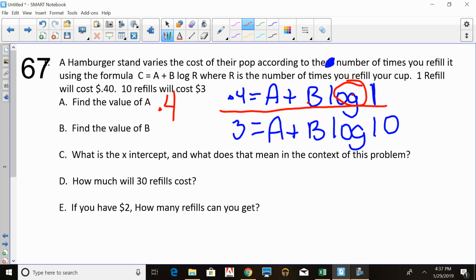Now that we know that A is 0.4, we can substitute that here. Now we have 3 equals 0.4 plus B log 10. Hey, what's log 10? It's 1. So now this equation is 3 equals 0.4 plus B. Well, if you take 3 and subtract 0.4, you will get B is 2.6.